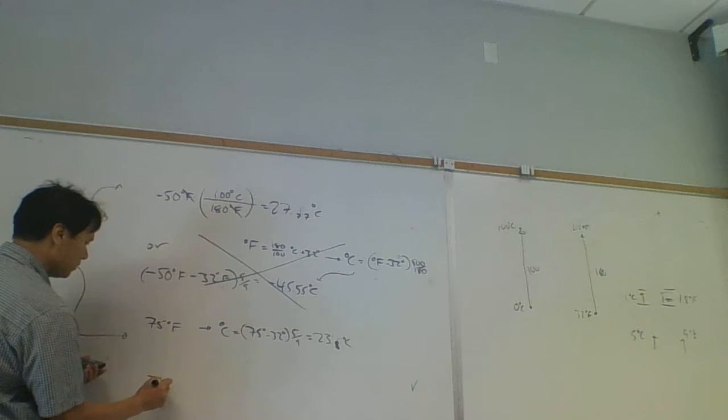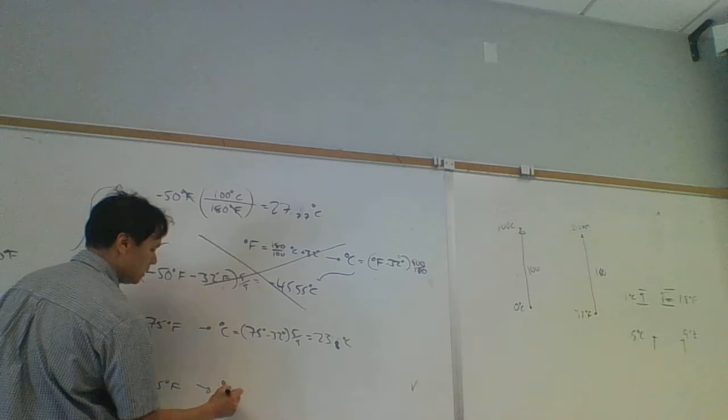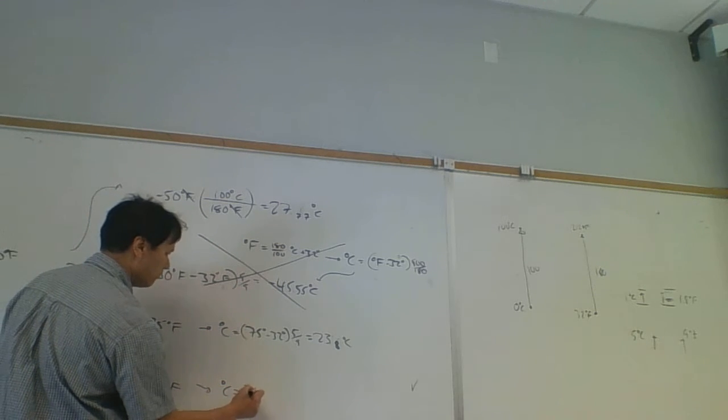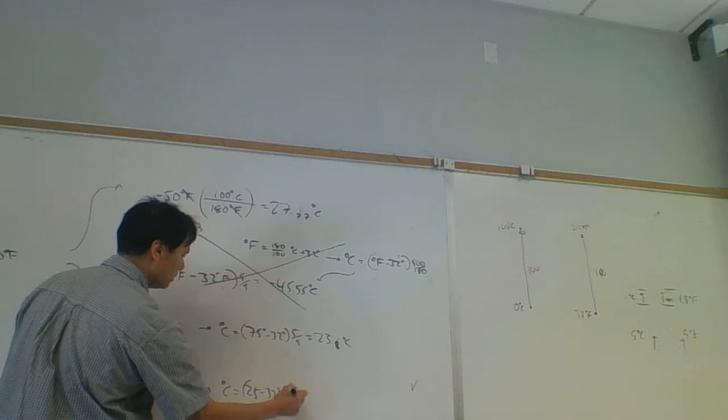And then 25 degrees Fahrenheit would equal what? Well, the degrees C is equal to 25 minus 32 times 5/9 degrees.